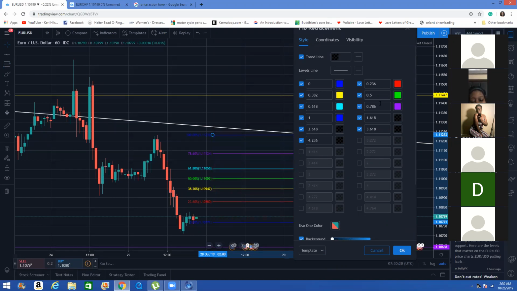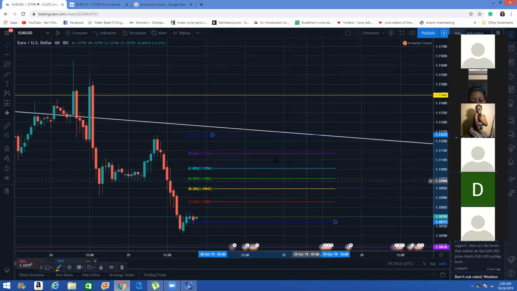I don't like the little color, but when you have your Fibonacci, basically, it's a tool to see how far something is going to pull back. All right. So these little numbers, these are called PRZs, price reversal zones.